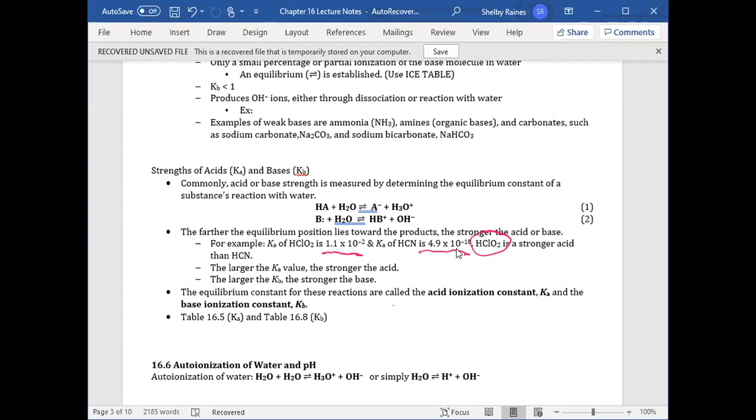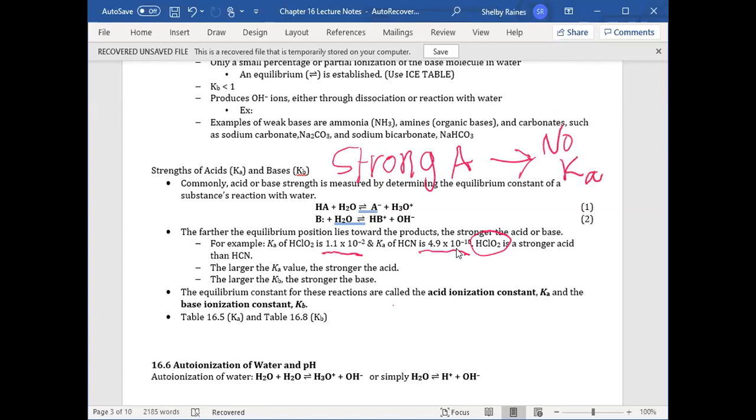These will only be for weak acids because strong acids go to completion. So there is no K associated with them. So for strong acids or bases, we use one arrow, so there's no K. So no Ka.